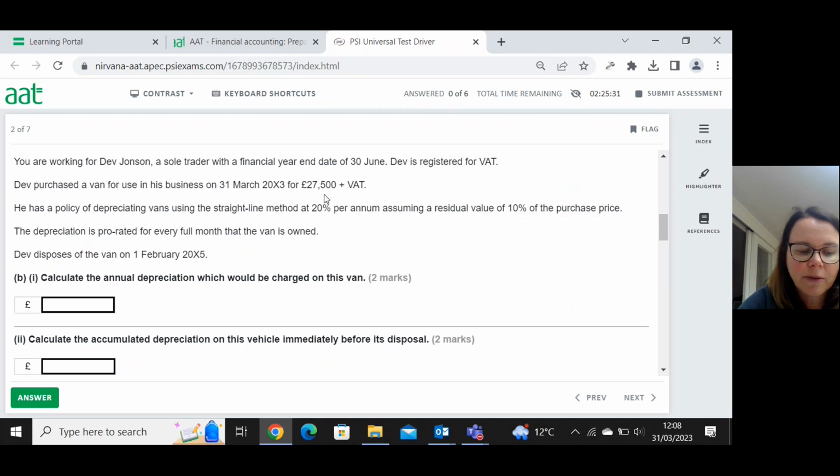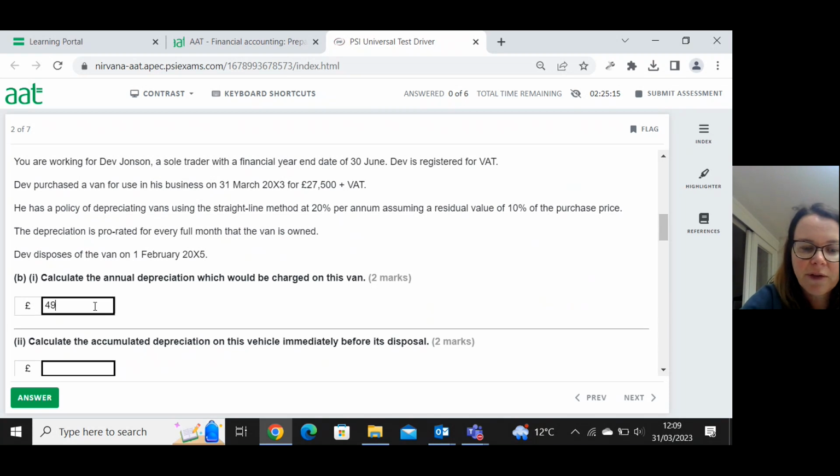So I'll just do that now. So that gives me a depreciable amount of 24,750. And I've got to apply a 20% rate of depreciation. So the annual depreciation charge will be 4,950.